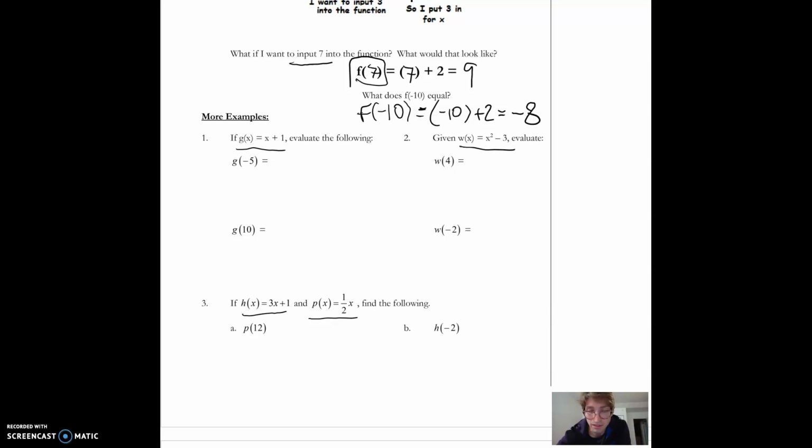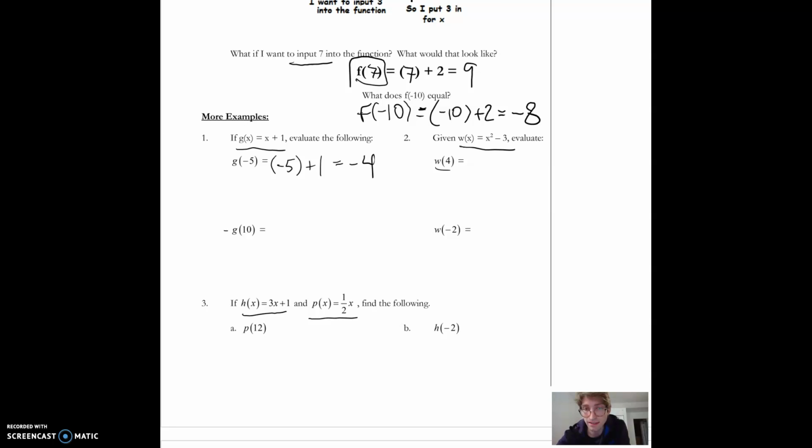So I'm going to get you started with g of negative 5. If g of x equals x plus 1, then g of negative 5 will be negative 5 plus 1, which is negative 4. I'm going to move away from g of 10. I'm going to let you try that one. And then I'm going to move over here to the right to w of 4.